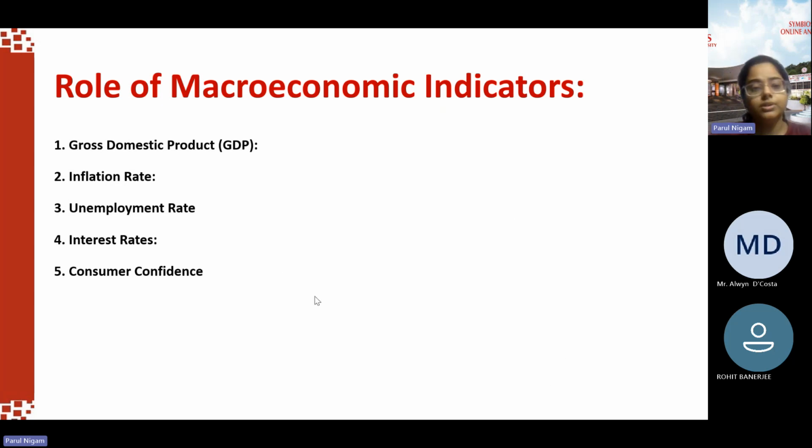Low reserves increase the currency risks and deter foreign investments. So the point is that foreign exchange reserves, exchange rates, all of these macroeconomic indicators impact the funding.